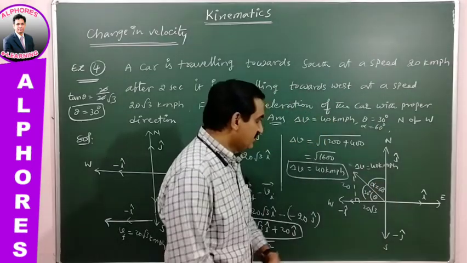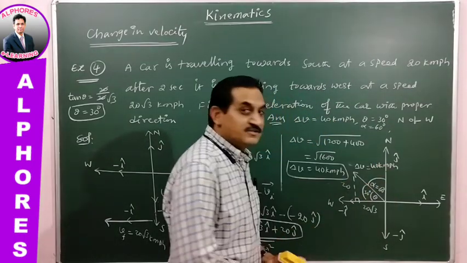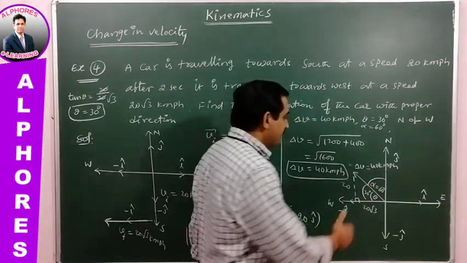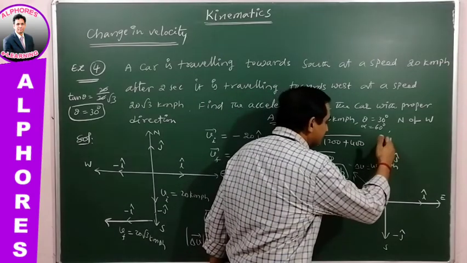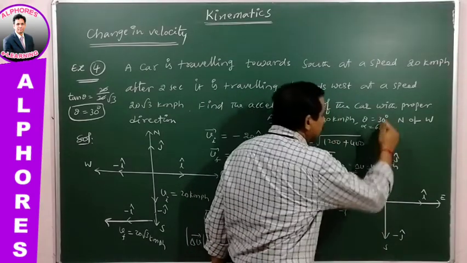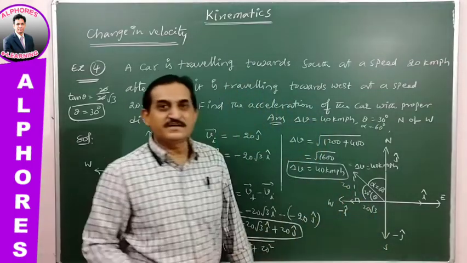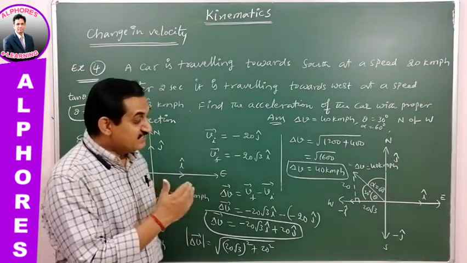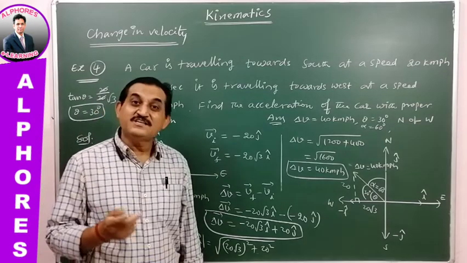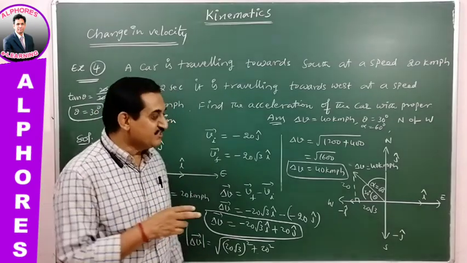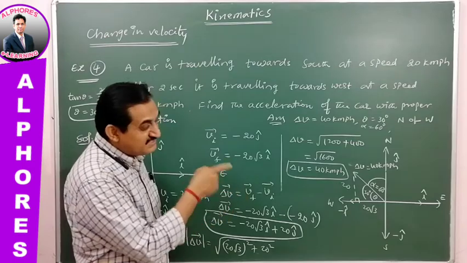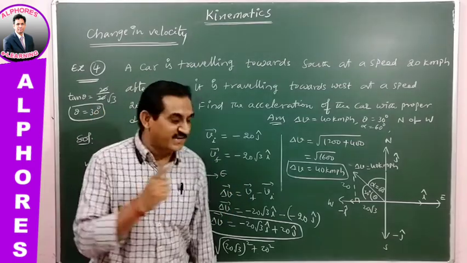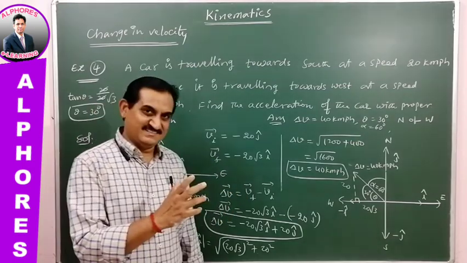According to the concept, whenever it is making an angle with north, the north-south line is taken as the reference line which differentiates the two other directions, that is east and west. The change in velocity is making an angle of 60 degrees with north.